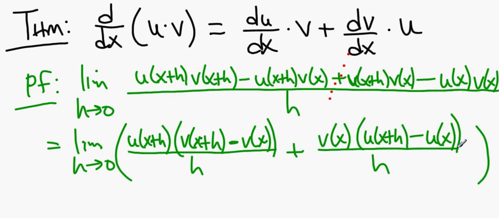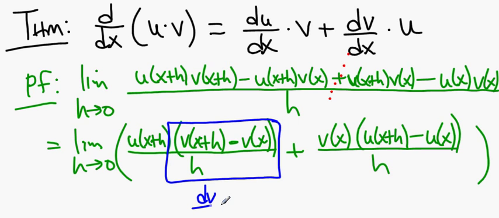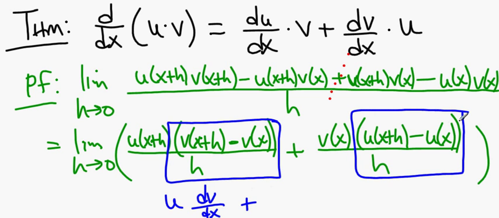So you might ask yourself, self, what happens to this thing as h approaches 0? Well, this thing as h approaches 0 becomes the derivative of v with respect to x. What happens to this as h approaches 0? That's just u. And then what happens to this as h approaches 0?